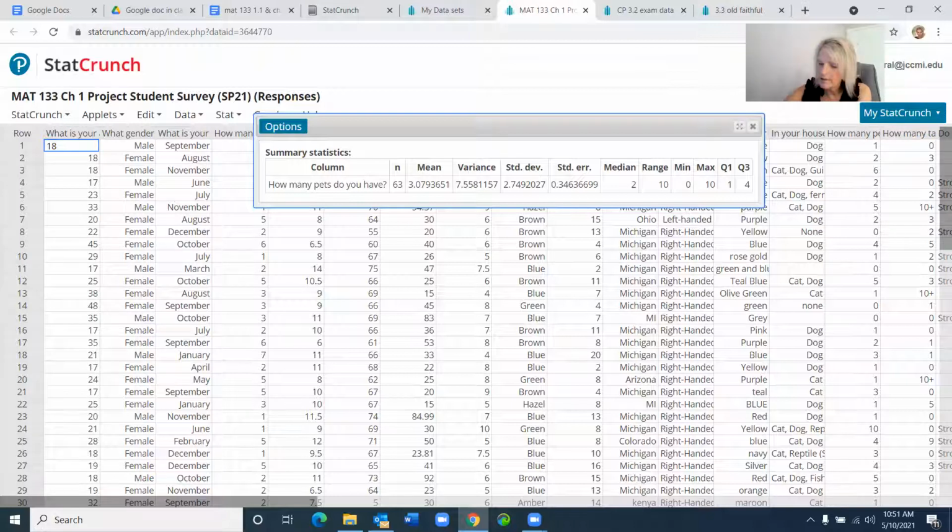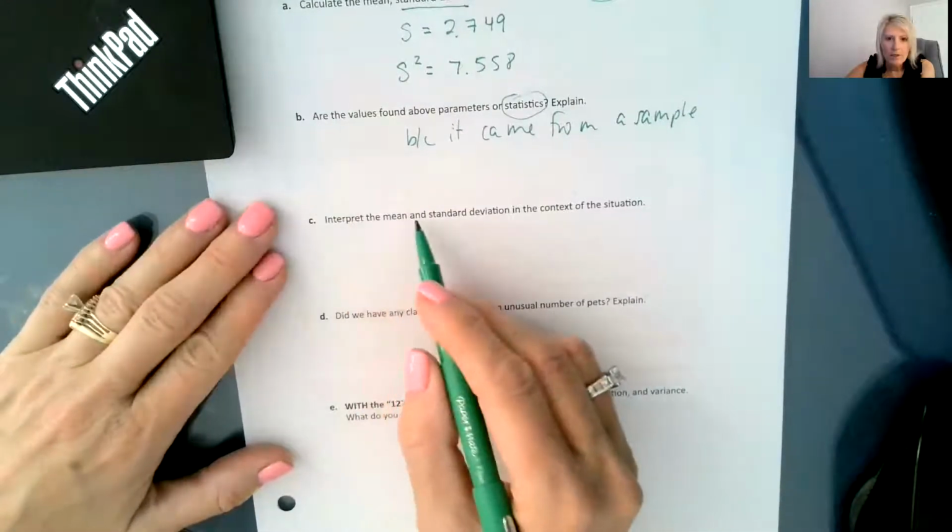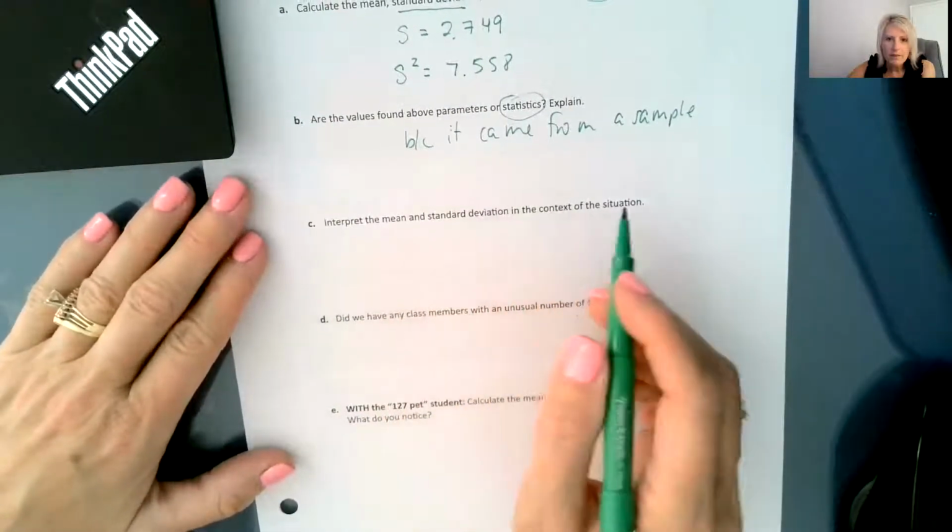Okay, so this is interpret the mean and standard deviation in the context of the situation.